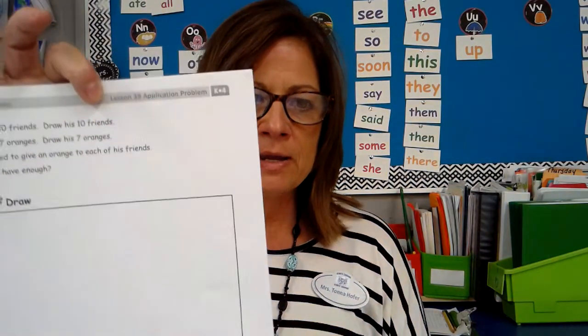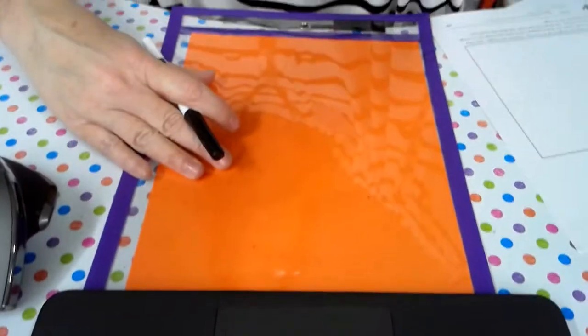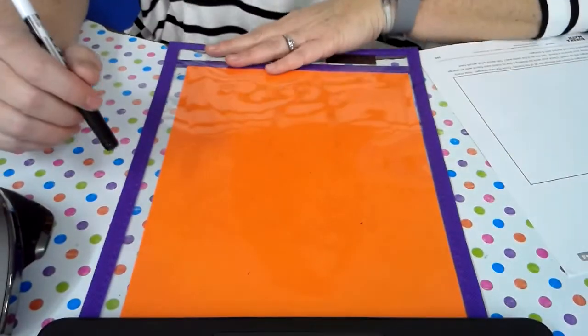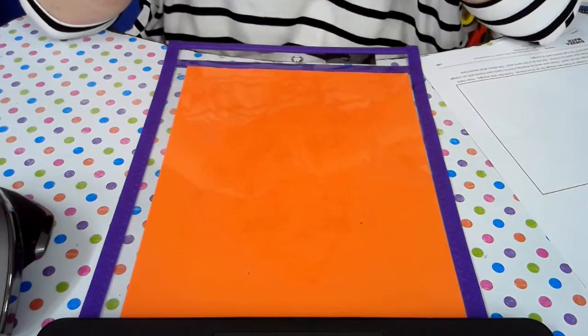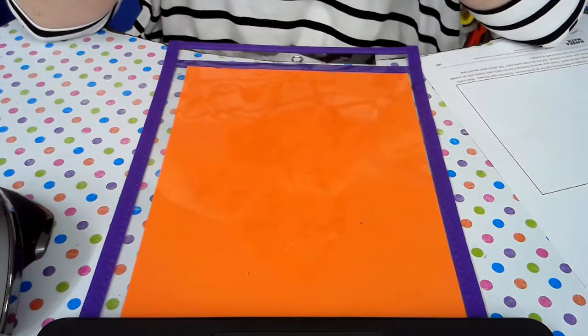Okay, so today we're now going to move to the application problem. I'm going to read it to you. I'm going to do mine on my work mat, and you can do that too if you like, instead of doing it on the paper. It says Tim had 10 friends. So we're going to draw his friends.